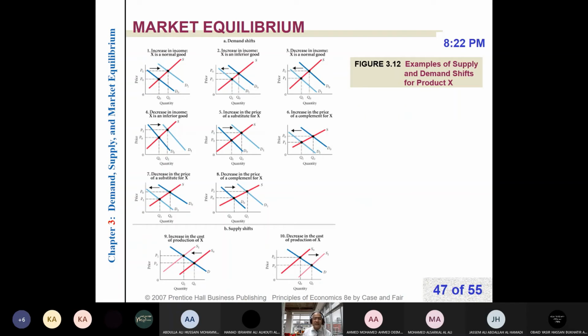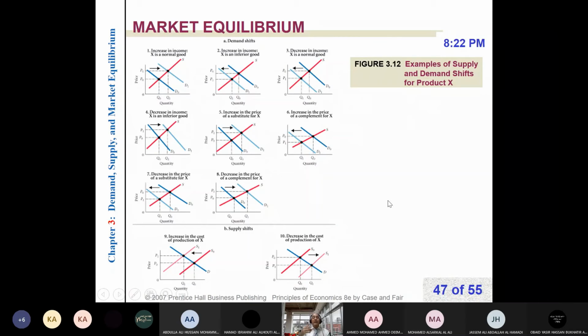So Ubaid, as a producer of tomatoes, along with Hamad Khalid and Jassim, will feel happy. So supply will increase. The supply curve will shift to the right. What will happen to equilibrium price and quantity? The equilibrium price will decrease, the equilibrium quantity will increase.